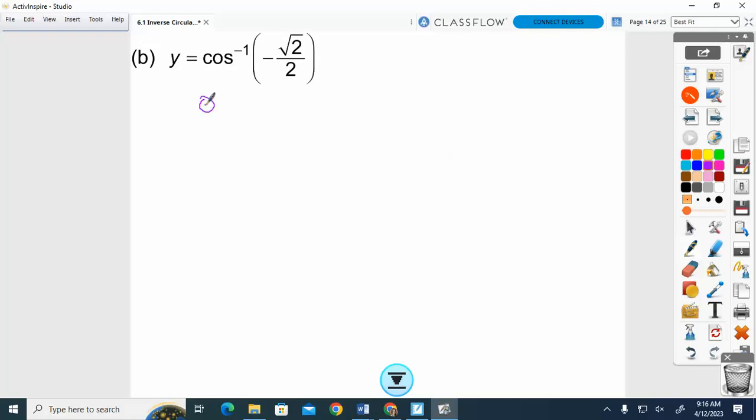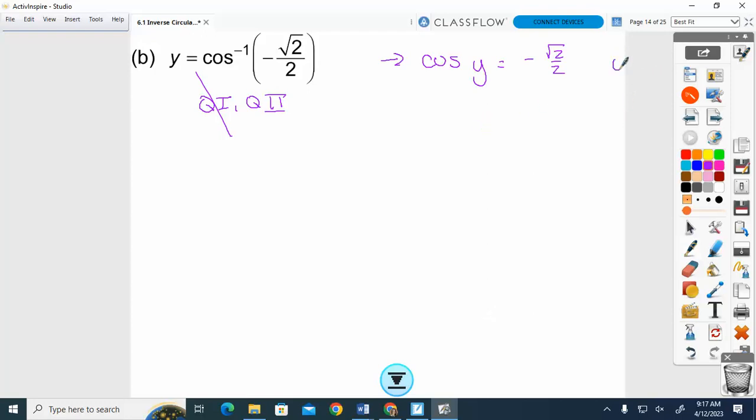So cosine inverse. That means my options are quadrant 1 or 2. Which quadrant would we be in here? 2, because it's negative. So what this means is cosine of some angle y is equal to a negative radical 2 over 2. 135 degrees and 3 pi over 4. You can think about your hand trick when cosine's radical 2 over 2.